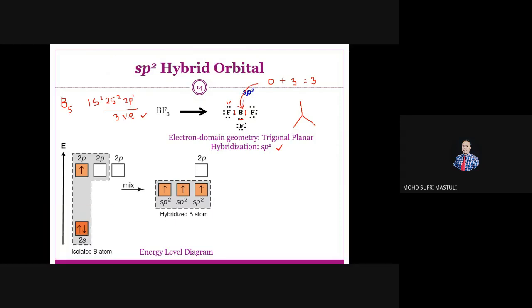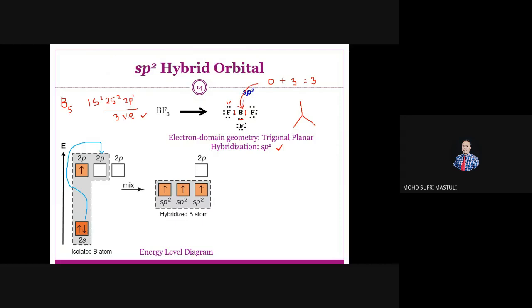So we transfer one of these electrons to the p orbital in order to mix one s with two p, giving sp2.